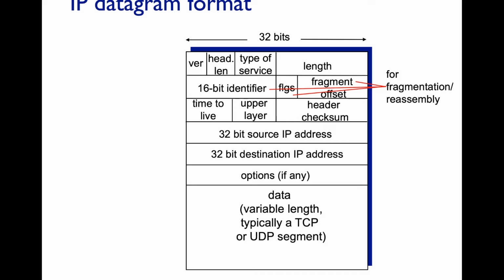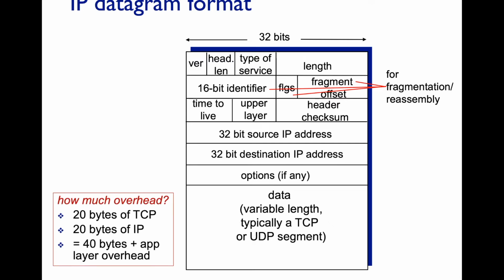The other fields are used for fragmentation and reassembly. There's a fragment offset that encodes where in the original payload a particular fragment's payload should be placed. And then the flags control whether it's a fragment or the entire datagram in its entirety, and when you reach the last fragment.